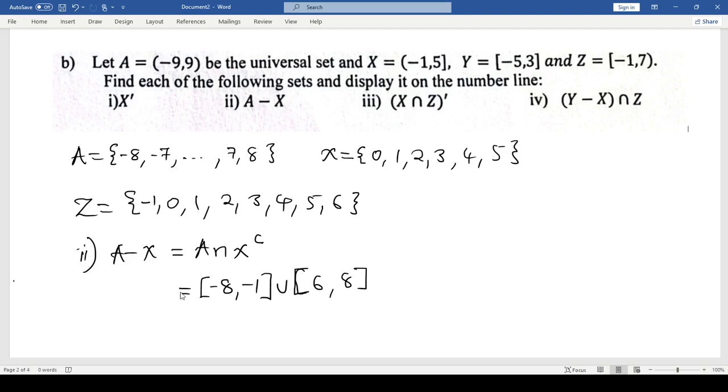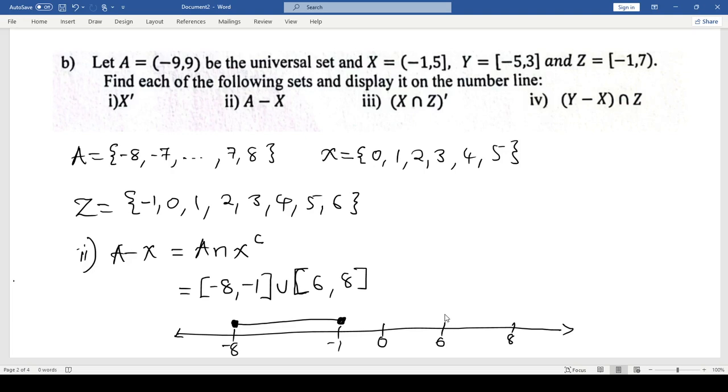Now expressing this on a number line, which is similar to what we did for the first one, we have our 8 here, our 6, 0, negative 1, negative 8. We know that negative 8 is included and negative 1 is included, so we can just put a line there.